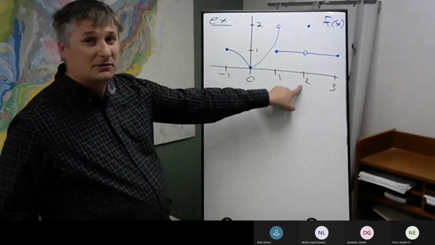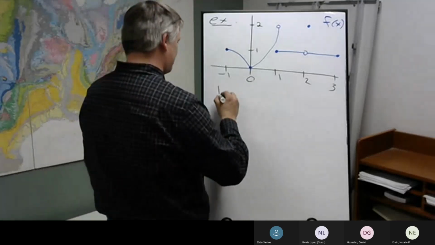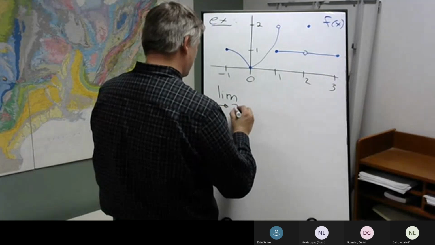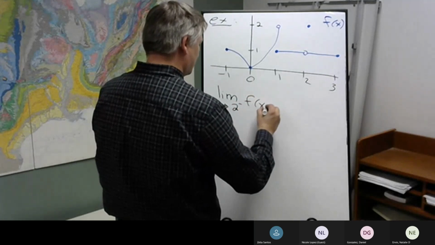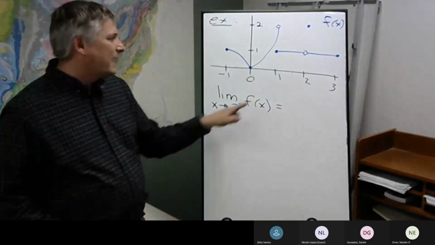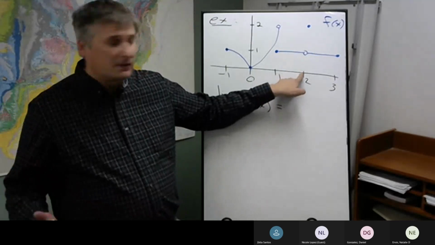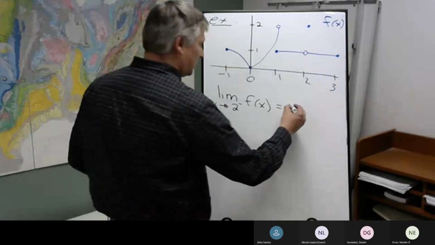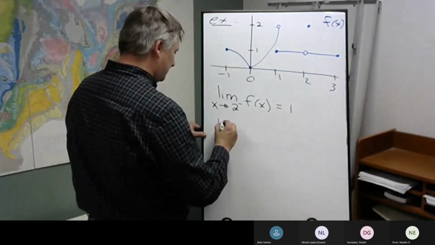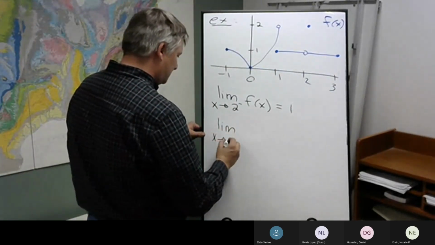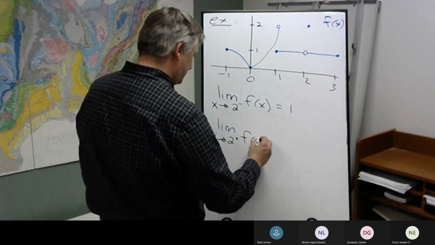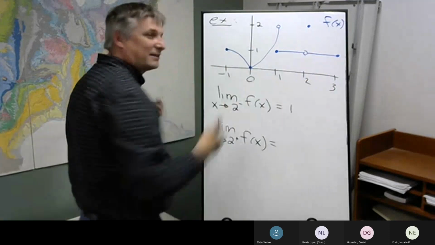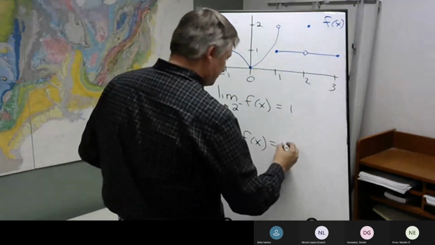Now let's take a look at x is 2. Well, as you get close to 2 on the left, your f of x, it's 1. So that's 1. And then the limit as x approaches 2 from the right, over here, well, you're still at an f of x value of 1.